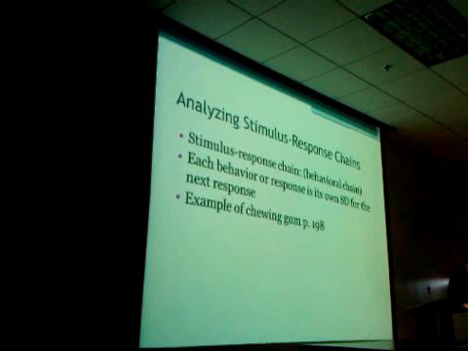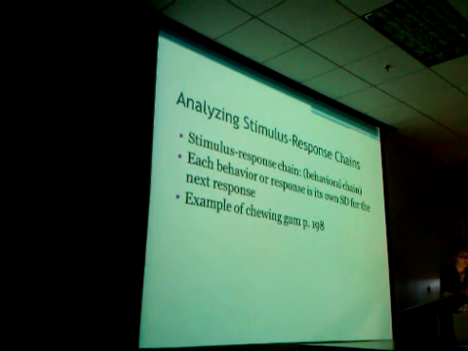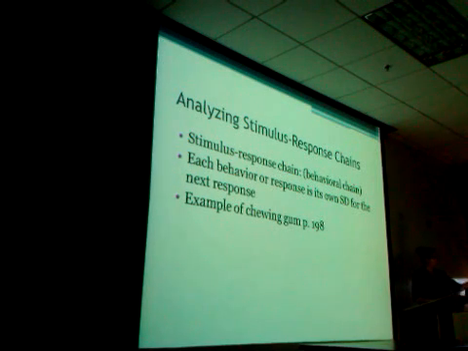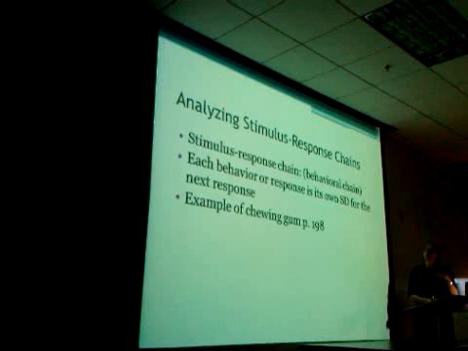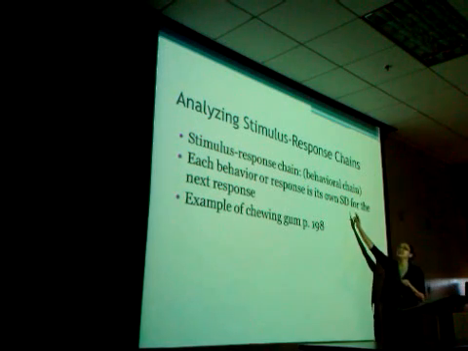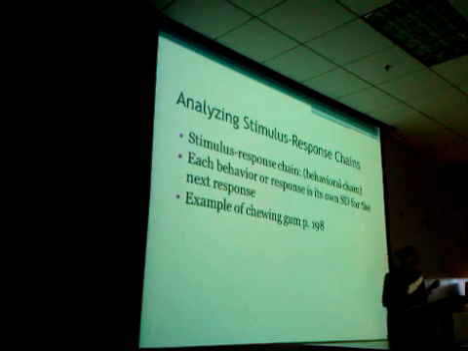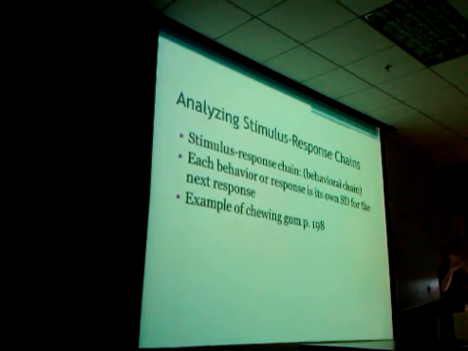A stimulus-response chain basically outlines all of the responses that are needed to perform the behavior or the task. And it breaks it down into SD, the discriminative stimulus, and response components.